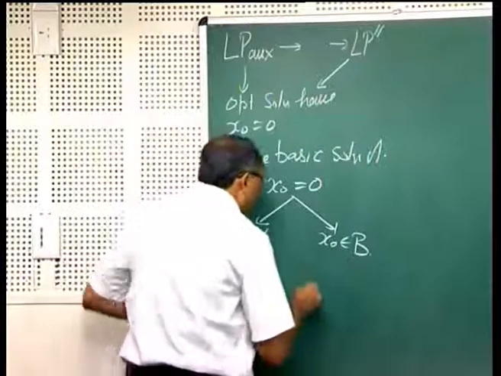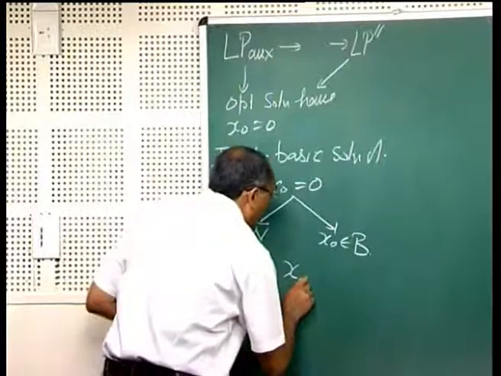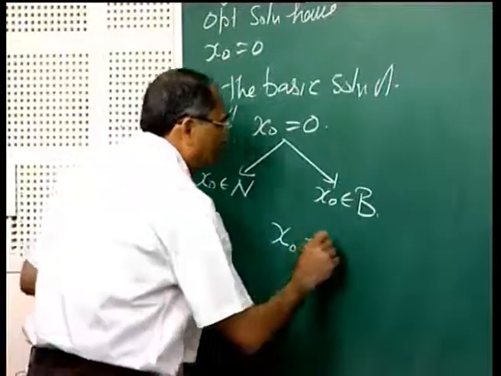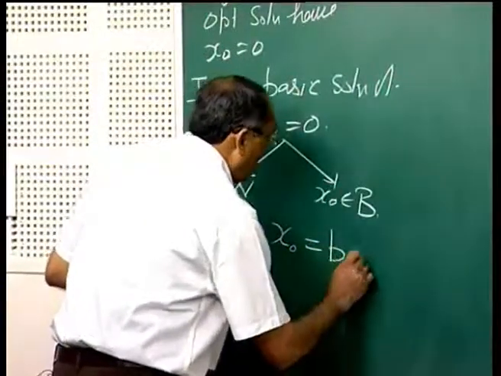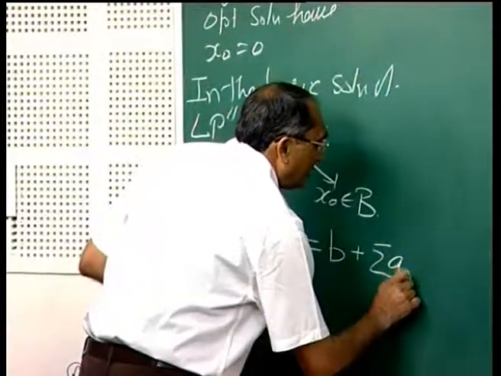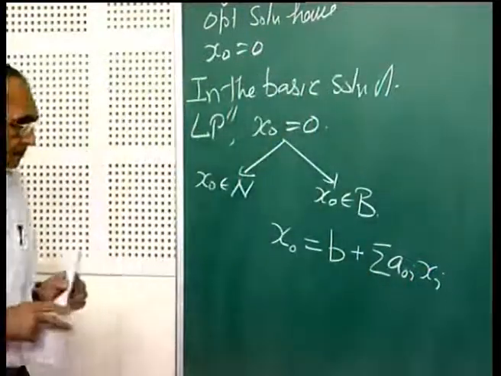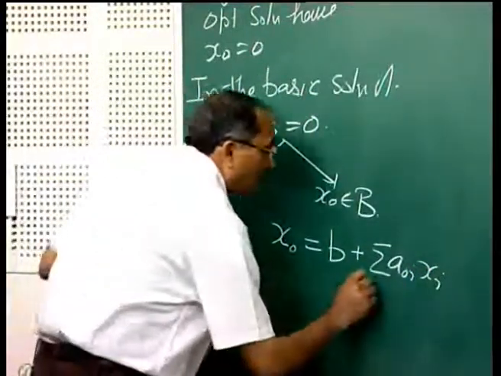In this case, there must be an equation in LP double prime which looks like x naught equal to b plus sum a 0i xi, i belonging to N, of course.